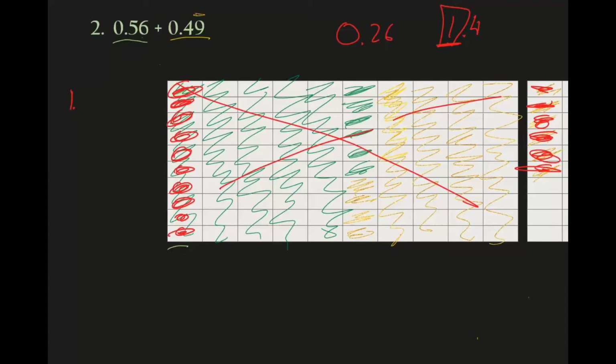It's going to be 1.06. So let's write that down. 1.06. So why is it not 1.6? It would be 1.6 if only 6 of the full columns were shaded. So our answer is 1.06.